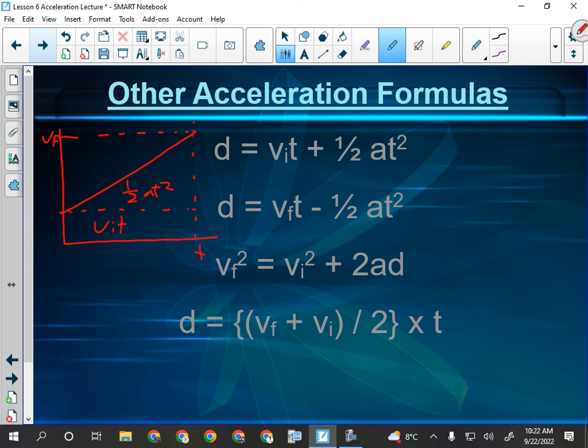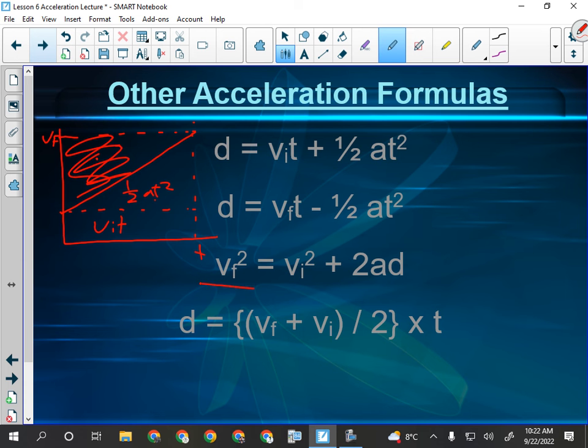And then it says subtract 1/2 AT squared. This triangle and this triangle, are they the same? Yes. So if I calculate the whole box and then subtract this triangle here, am I left with the same thing? They work the same way. If you have VF instead of VI, you use the other formula, and you can calculate it the same way.